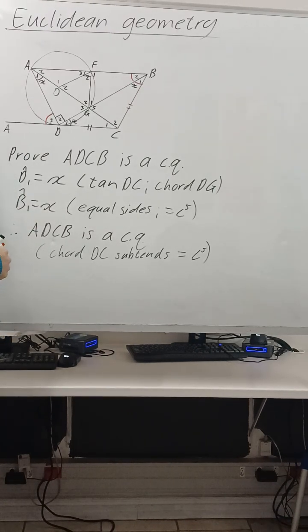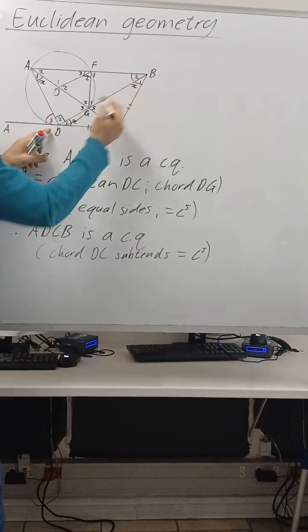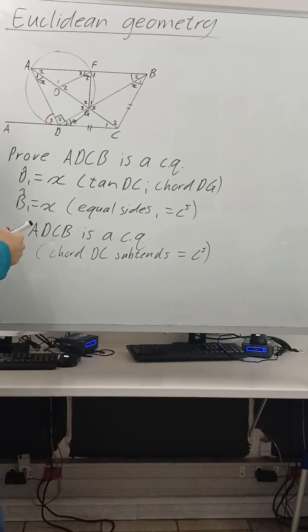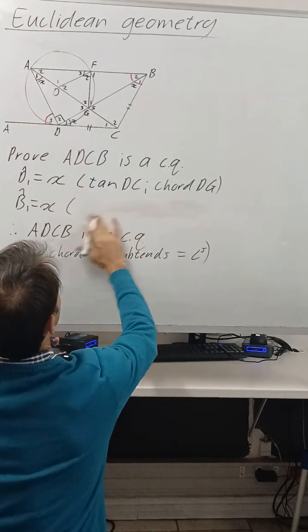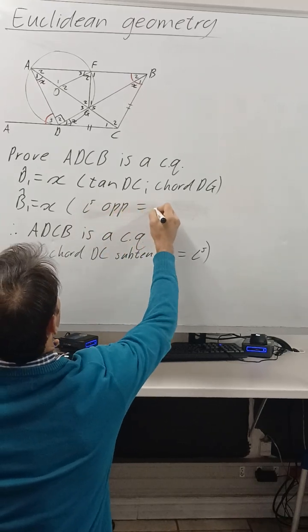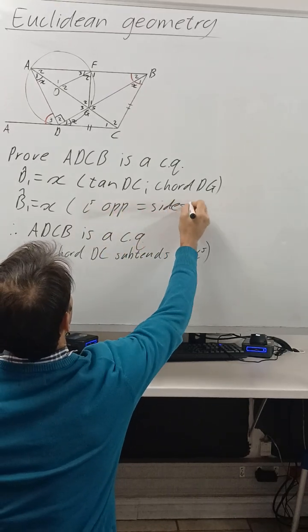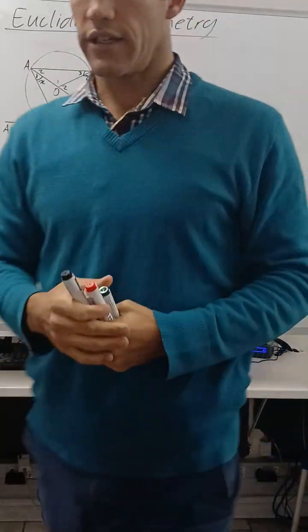Alright, is that fine? Or you can say here for your reason, angles opposite equal sides. Maybe it's better to write it like that. Angles opposite equal sides. Okay, so there we got the proof for ADCB.